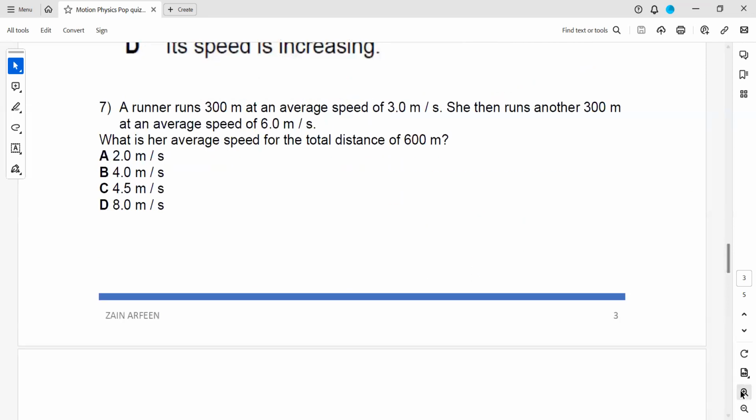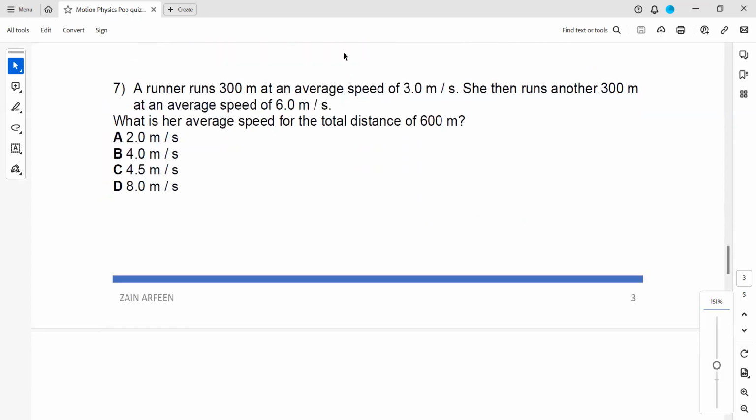In question 7, a runner runs 300 meters with an average speed of 3 meters per second, then runs another 300 meters with an average speed of 6 meters per second. What is her average speed for the total distance of 600 meters? So how can we work it out?